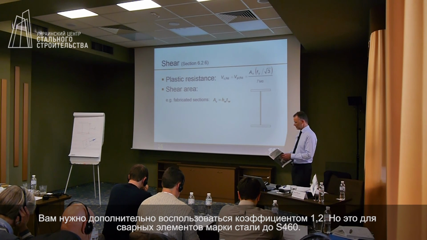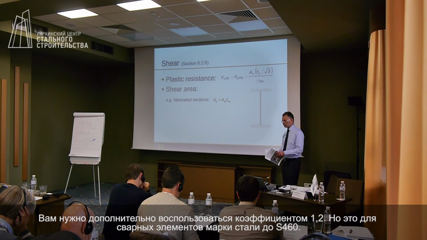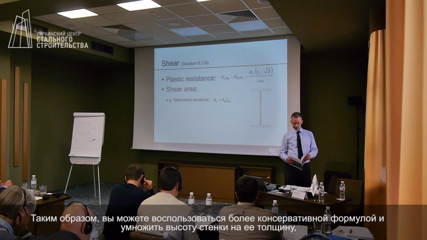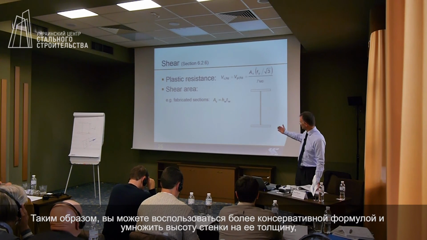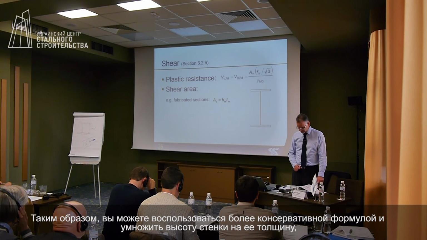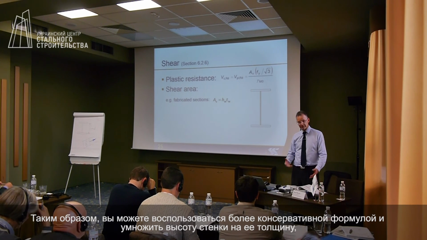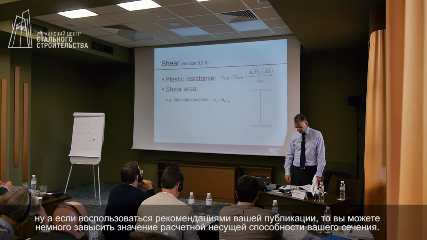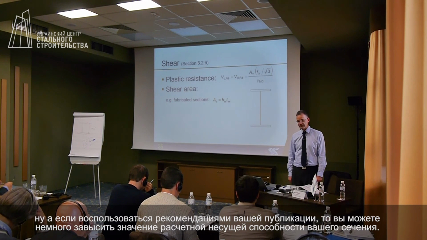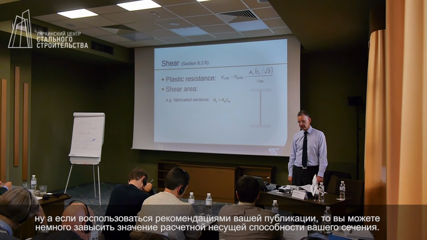And that would be okay up to grade S460 steel. So to assume that value is 1, and therefore just take the height of the web multiplied by the thickness of the web, that would be conservative. If you follow the advice in this guide, you could increase the shear resistance just a little bit.